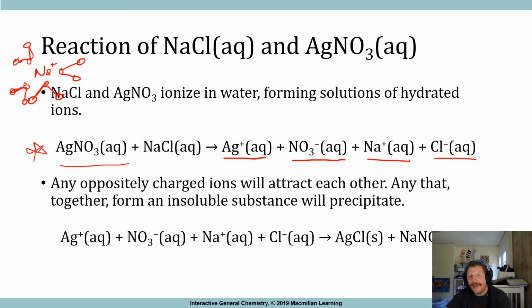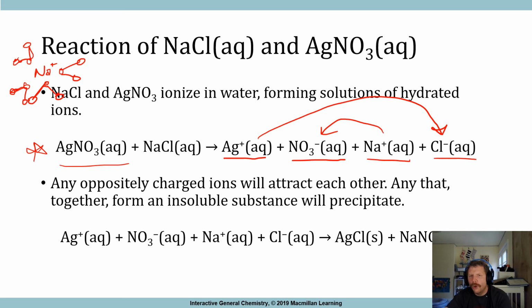Now what's going to happen is this cation, which was previously in cahoots with our NO3 anion, now is in contact with the chloride ion. The sodium comes in contact with the nitrate. Okay. Now, what's the fate of those? Well, I'll tell you this. Nitrates are almost always aqueous.